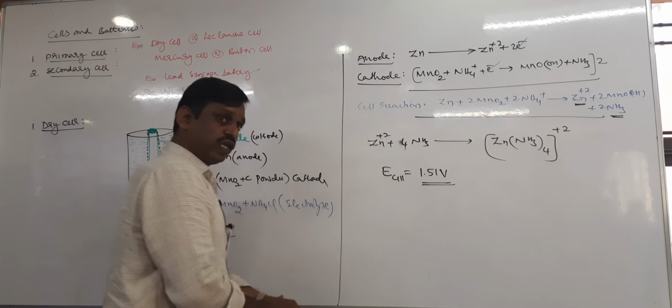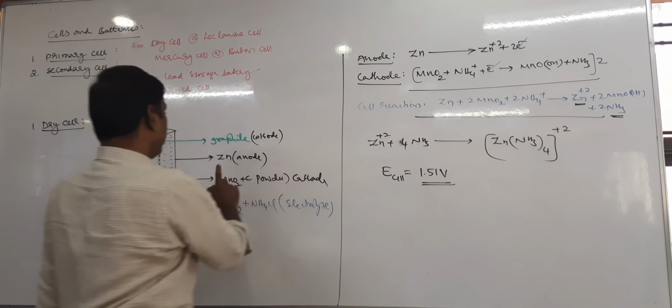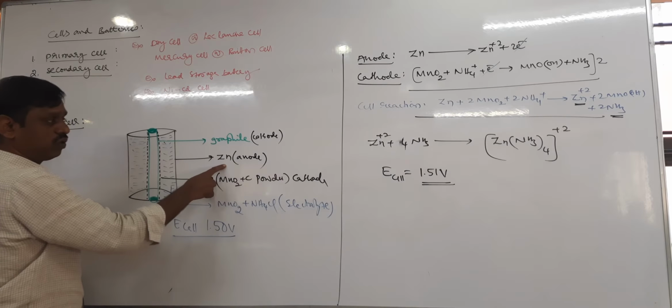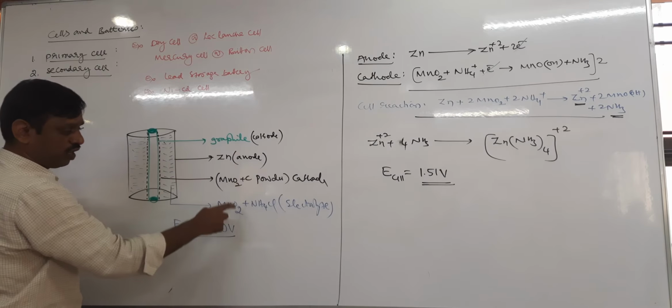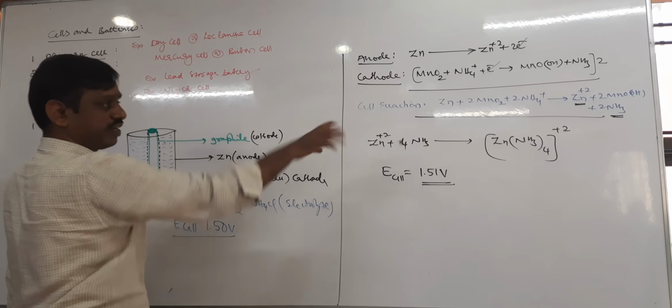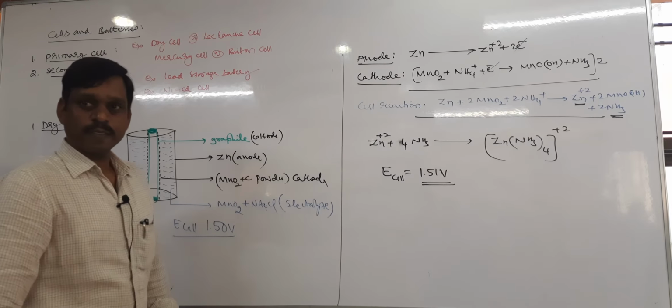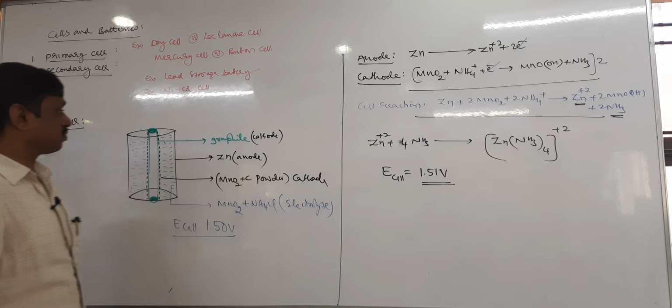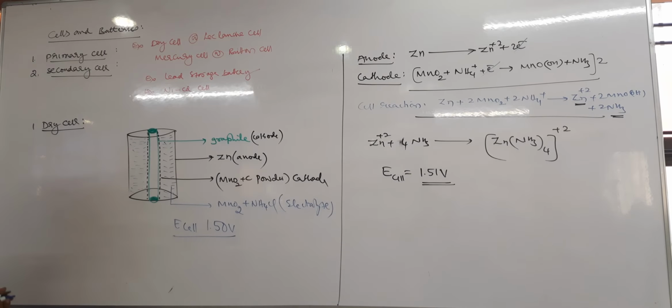Okay, so here important is what is the anode, what is the cathode, what is the electrolyte, and these reactions, only this much. Okay, ready? Take a rough diagram. A diagram is also not required, but if you take it, it is easy to understand.